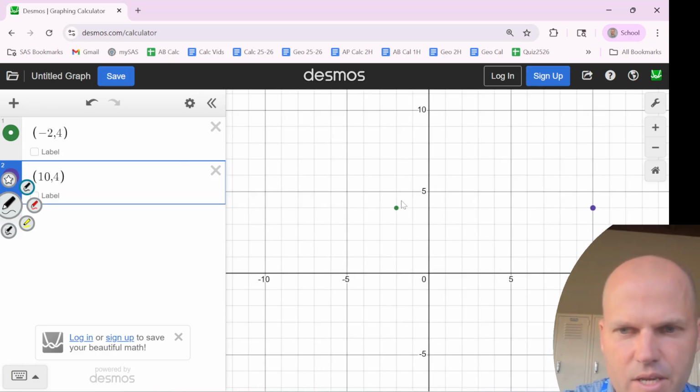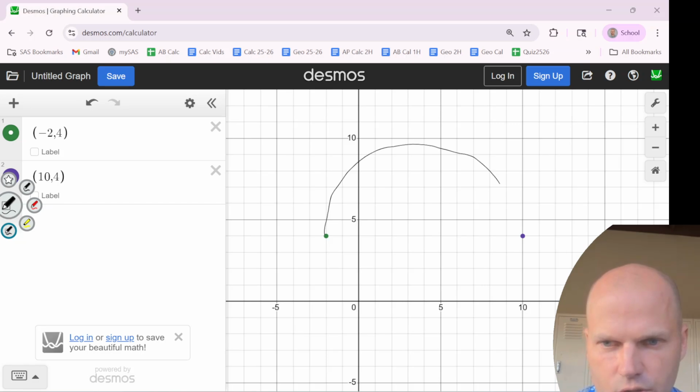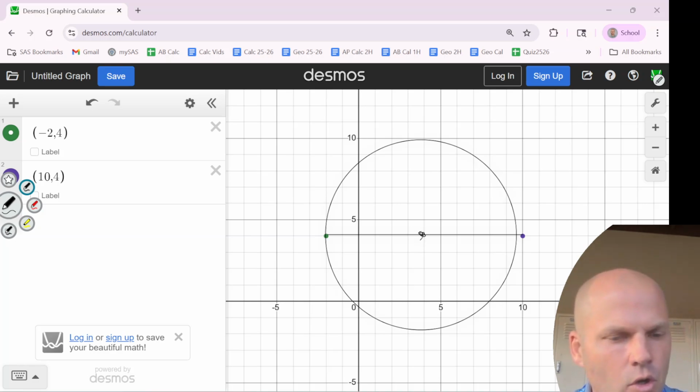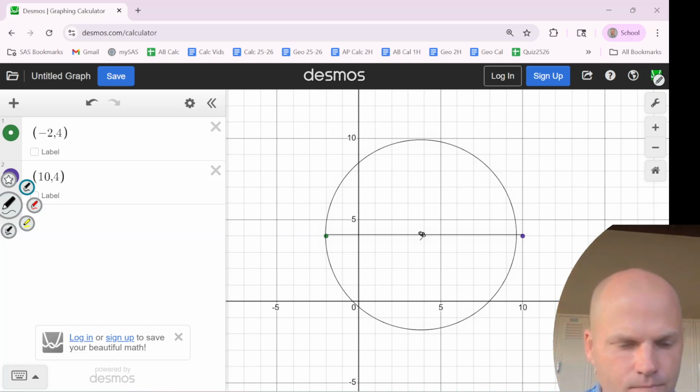So what does that mean if it creates a diameter? Well, it is going from one end of the circle to the other. And if I connect it with a line, that line is going to go straight through the middle of my circle. Cool? Well, we can see that they're in line with each other horizontally.